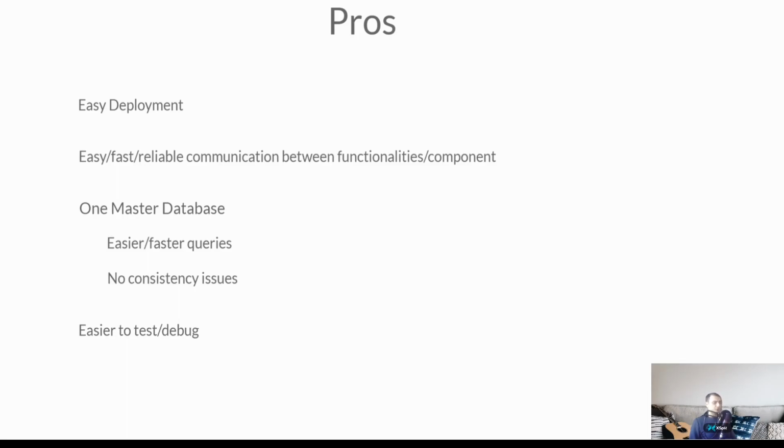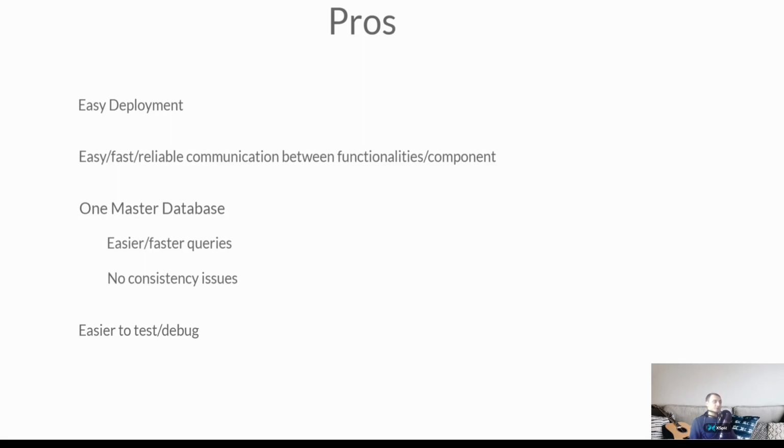And lastly, I put it's easier to test and debug. Now that's a little bit debatable, but what I mean is that since monolithic apps are not that distributed, when something goes wrong, you know exactly where to look for the problem. You know that the problem is in this app. You know which code to check, right?